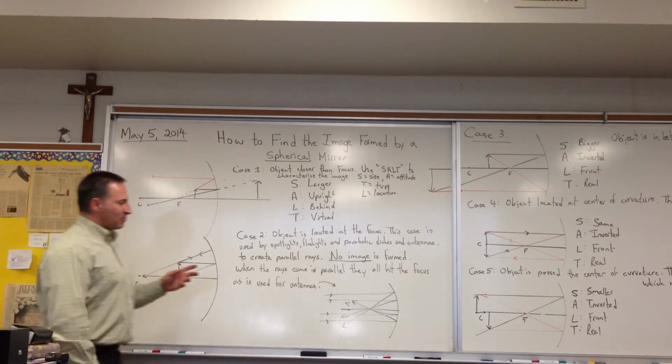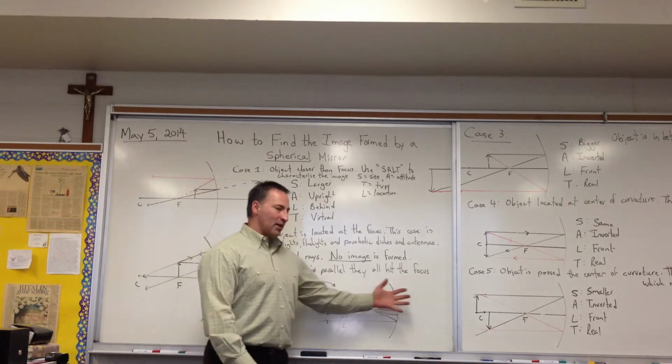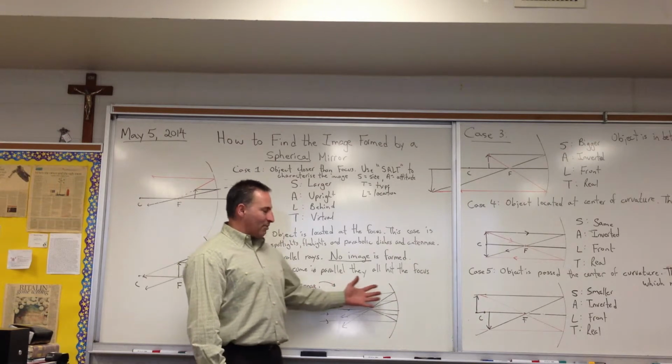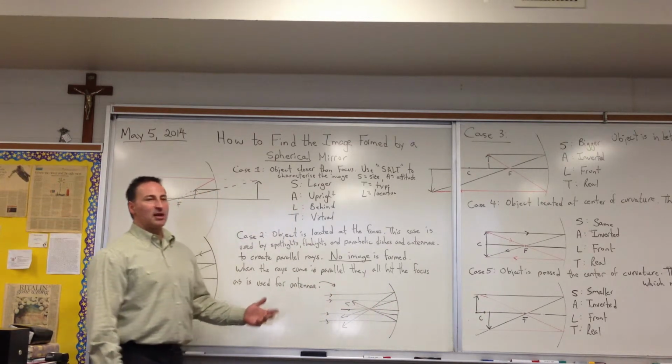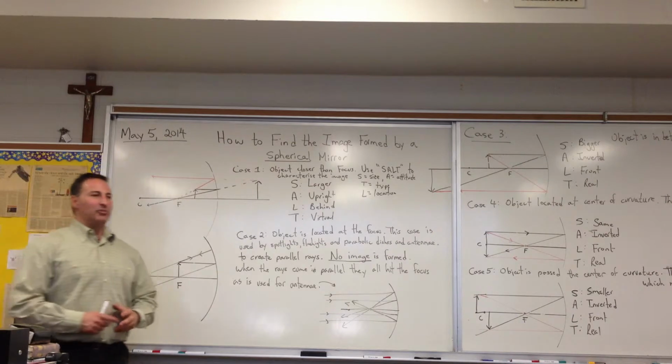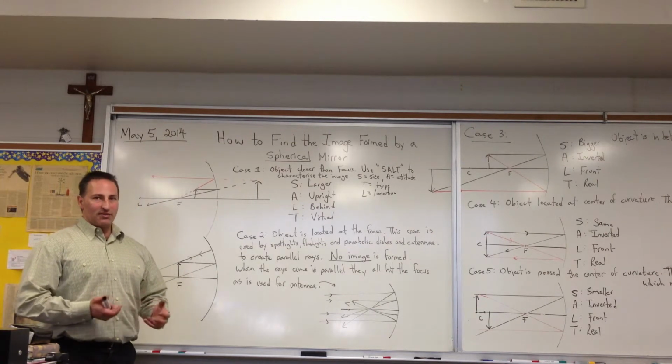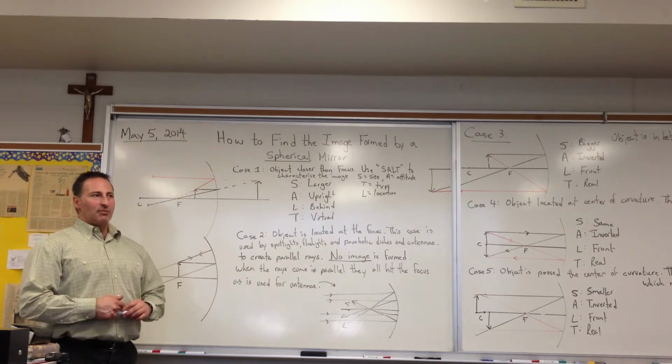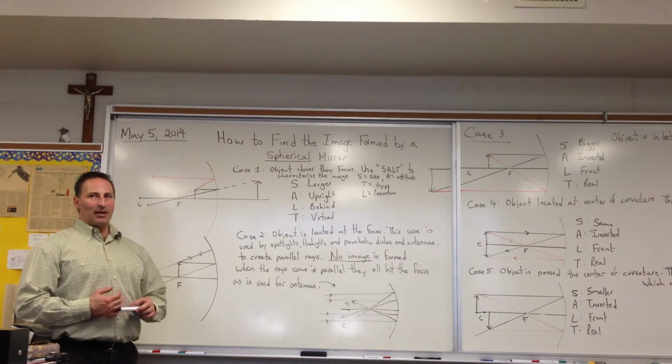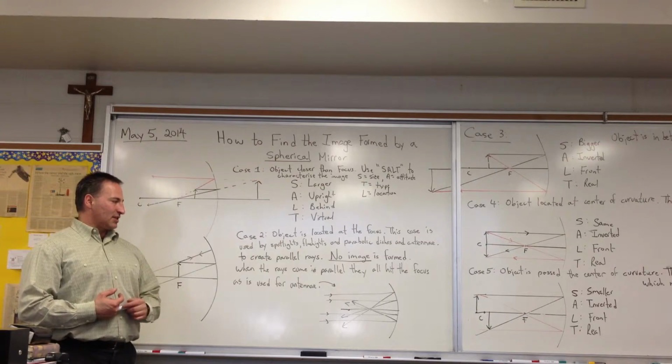The same concept is used when you have parallel incoming rays. When the incoming rays are parallel, say, for example, the rays coming from the sun, they're not exactly parallel because the sun is a finite distance from the Earth, but they're about as close to parallel as rays will be when coming from an object because of its distance.